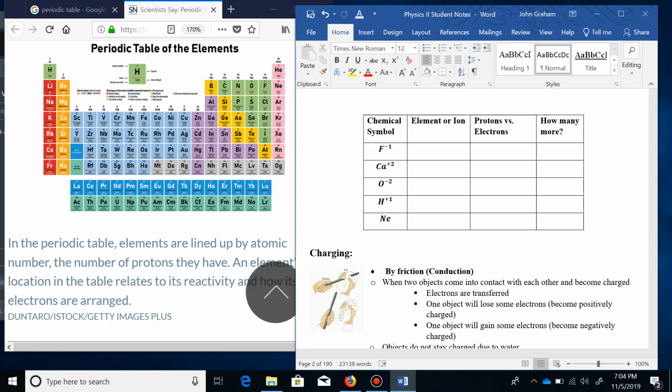So the fact that this has an atomic number of 9 always means that it has 9 protons. Just the fact that it has a -1 makes it automatically an ion. And the -1 means there are more electrons.